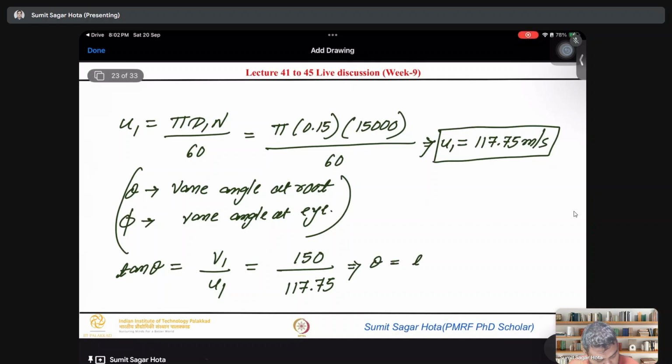Theta is equal to tan inverse of 150 by 117.75.